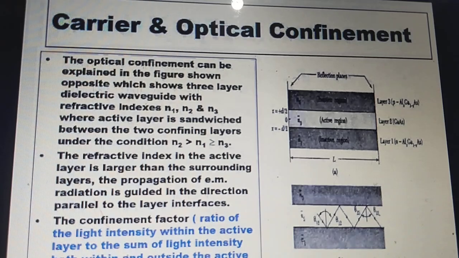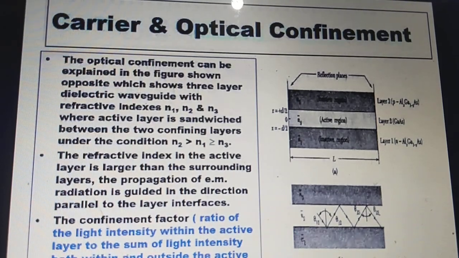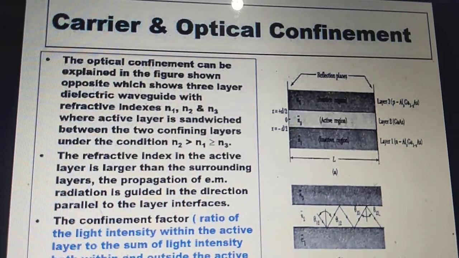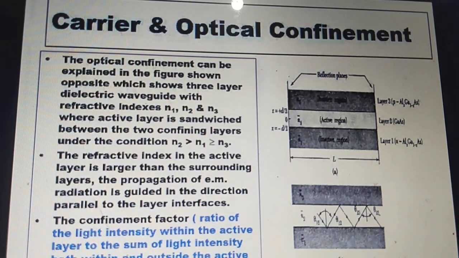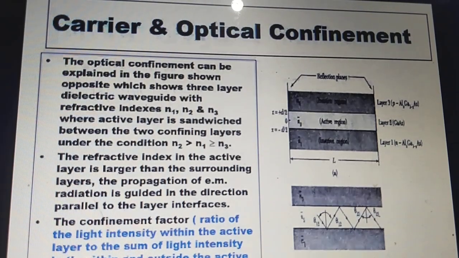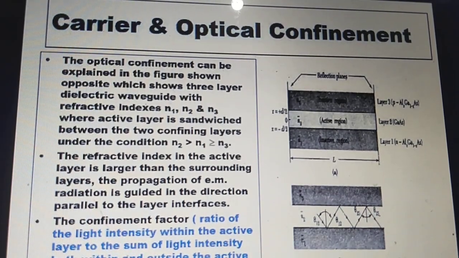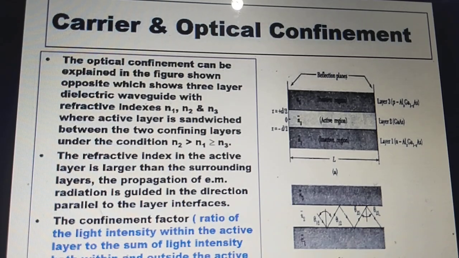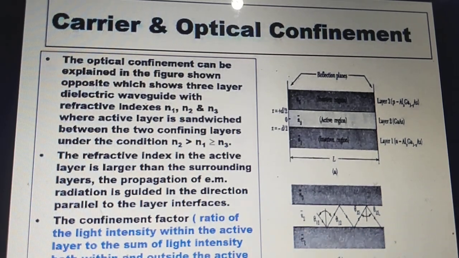So if you know the difference in the refractive index and the thickness of the active layer, you can calculate the confinement, there is a constant. So this is how the semiconductor laser has various aspects as far as its design, its optical and carrier confinement, refractive index, etc.